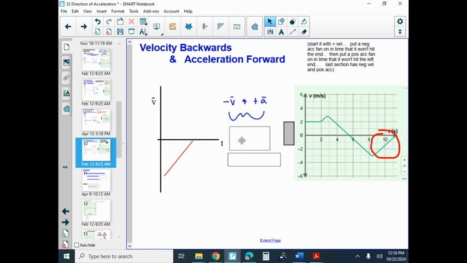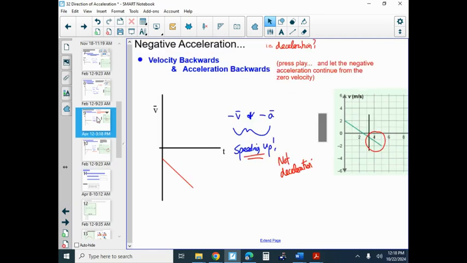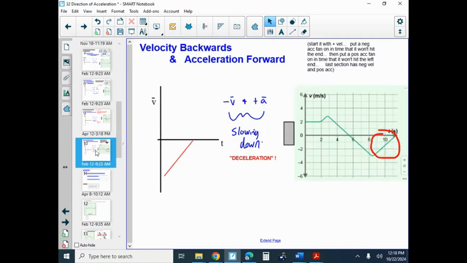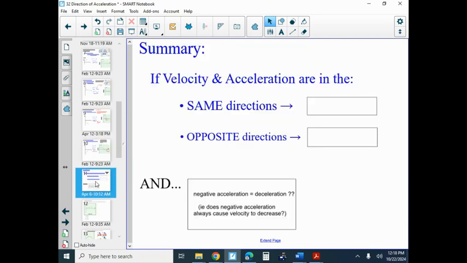We have a positive acceleration. What's that causing? Well, that's causing it to slow down. So not only is negative acceleration not always deceleration, positive acceleration is not always speeding up. Right? So the safest way to think about this is just if the velocity and the acceleration are in the same direction, you're speeding up.